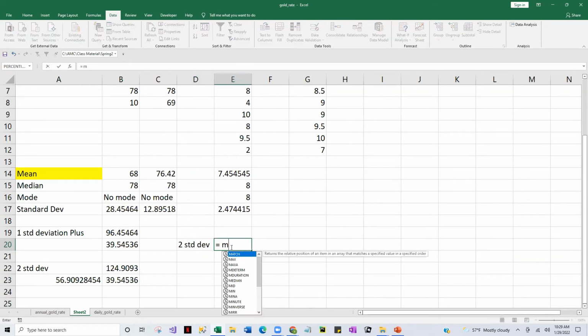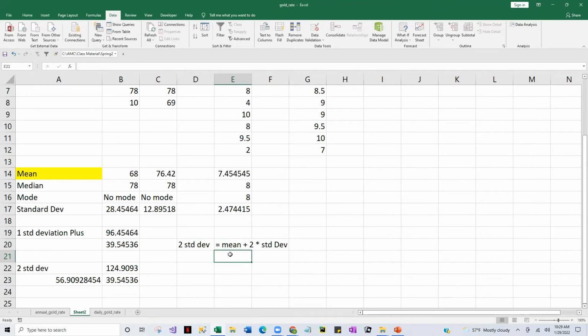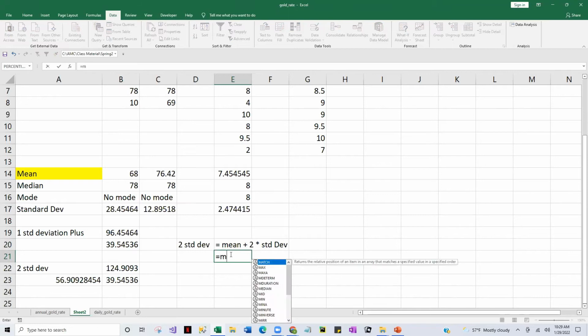It's equal to the mean plus 2 times your standard deviation. So that is the formula for the plus side. And for the minus side, it is going to be equal to the mean minus 2 times your standard deviation.